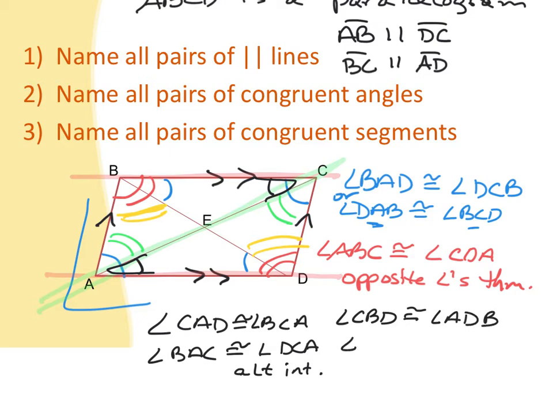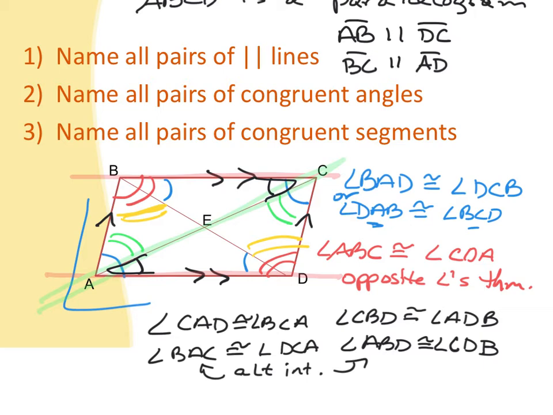And then the other one in yellow, this could be ABD, is congruent to CDB. And these are all alternate interior pairs.